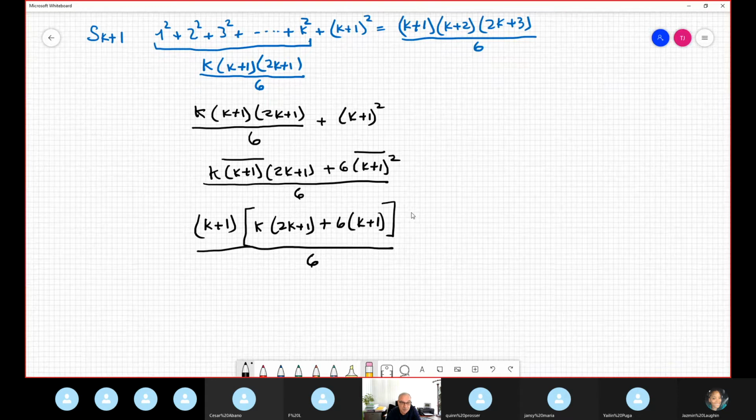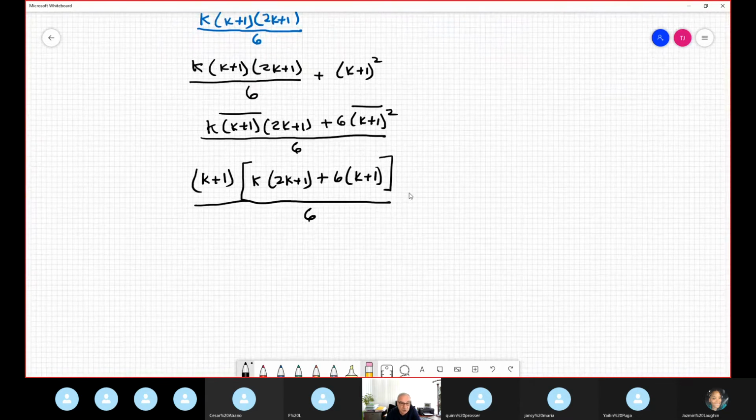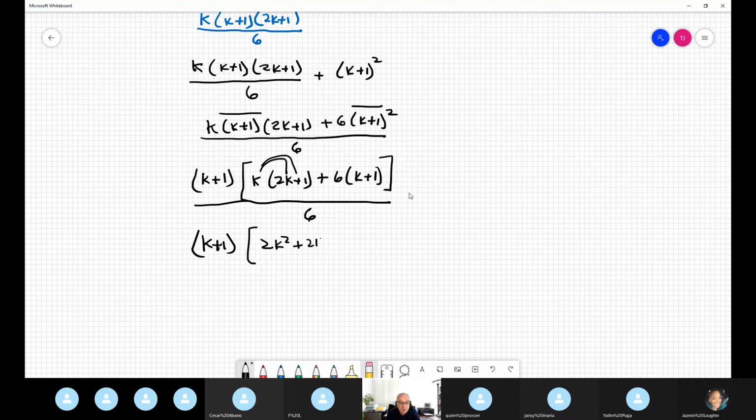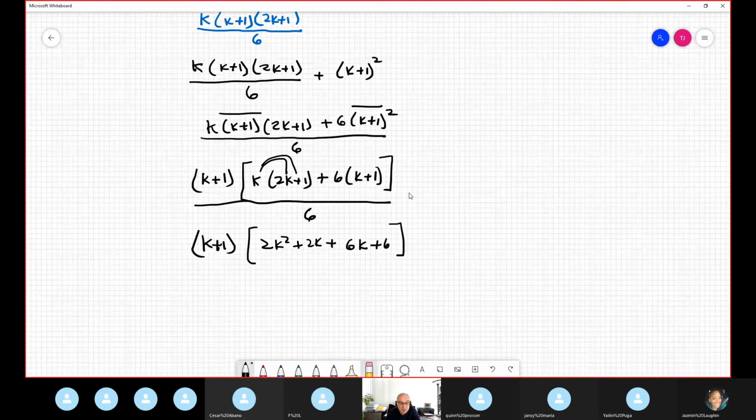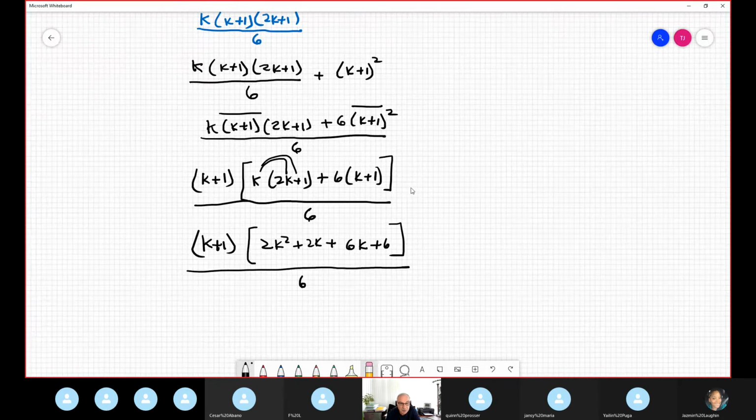Now after that, why not distribute and combine later. So we have 2k squared plus k plus 6k plus 6, over 6. Now finally combine.